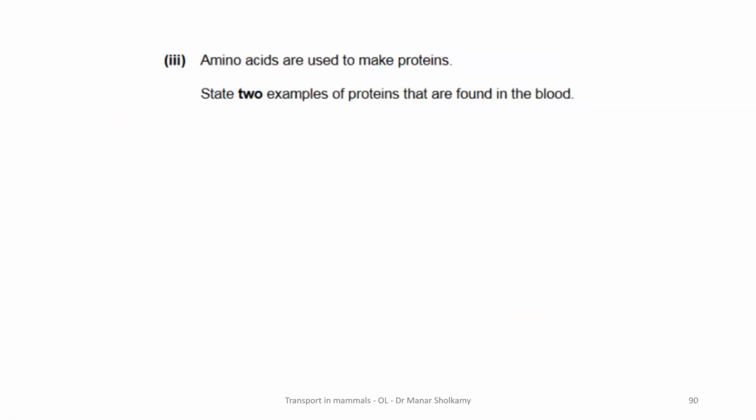Okay. Amino acids are used to make proteins. State two examples of proteins that are found in the blood. Hemoglobin. You know a lot of proteins, by the way. Another protein: thrombin. Yes, thrombin. Thrombin is an enzyme. Any enzyme is a protein. Fibrin. Now you know the fibrinogen and the fibrin.